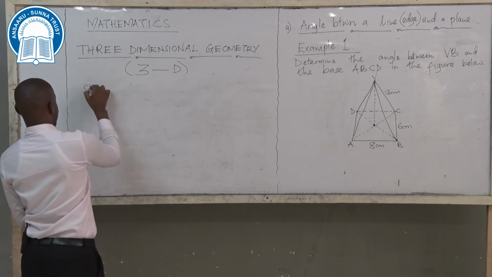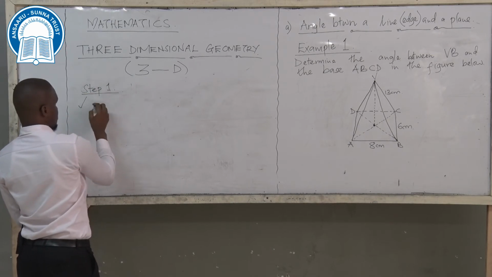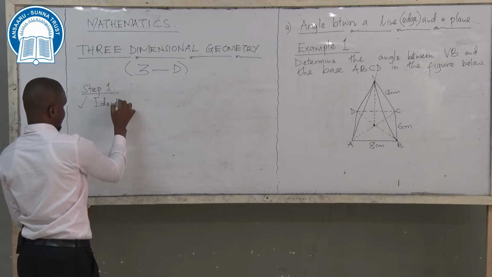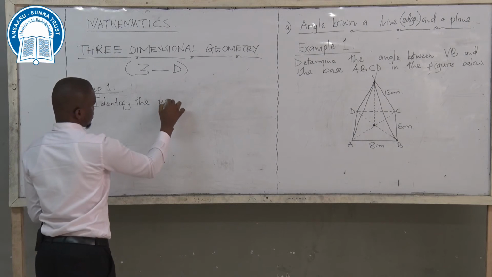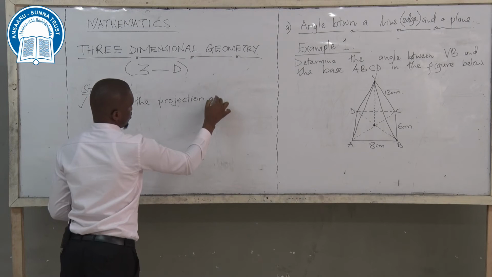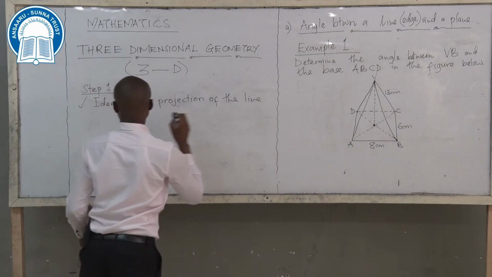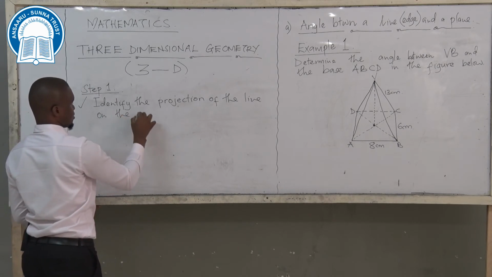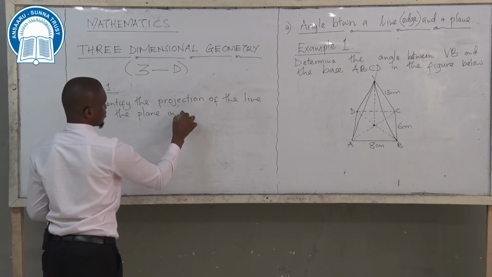So step number one, we are saying identify the projection of the line, meaning the edge, on the plane in question.